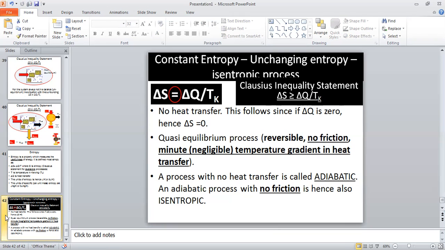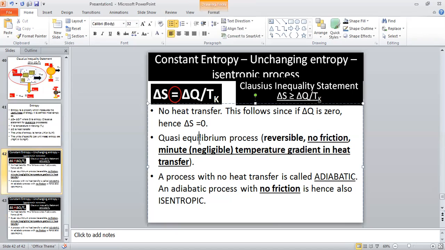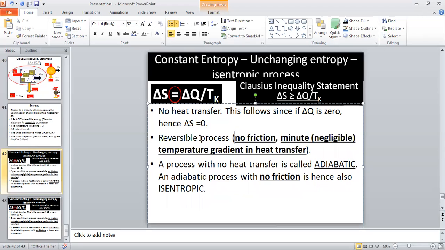Okay, so I'll take a new slide here. So even you can put this as a reversible process. Reversible process.